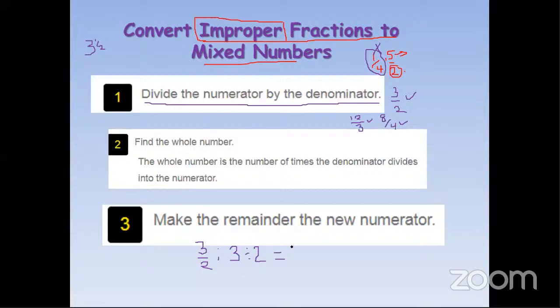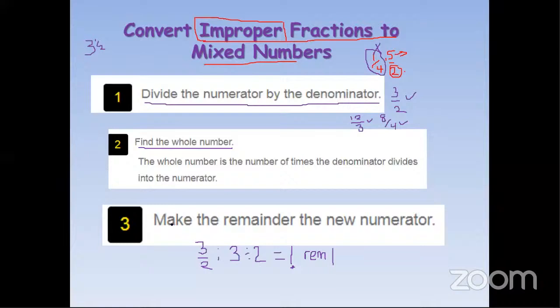You get 1 whole number, remainder 1 over 2. Good. We get 1 whole number. What's our remainder? The remainder is 1. So this is now our step 2: find the whole number. And our whole number here is 1.